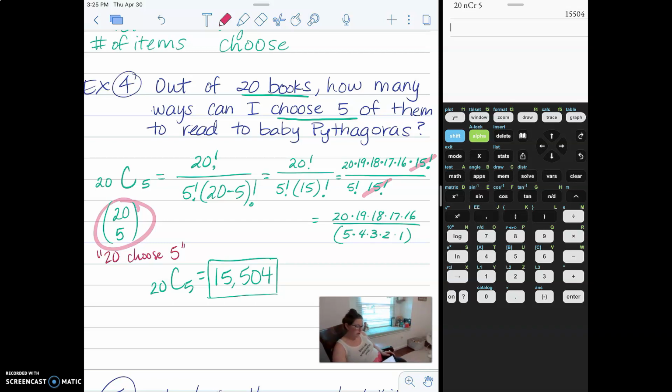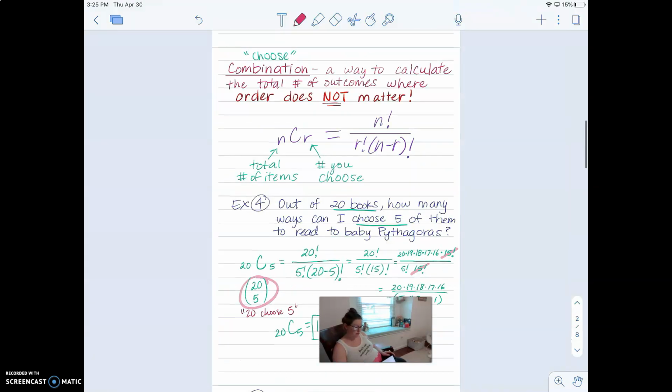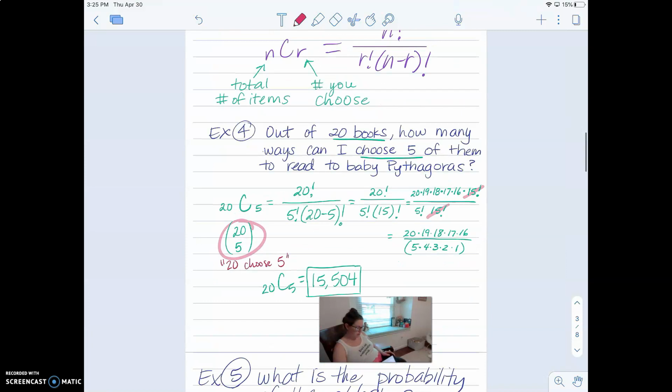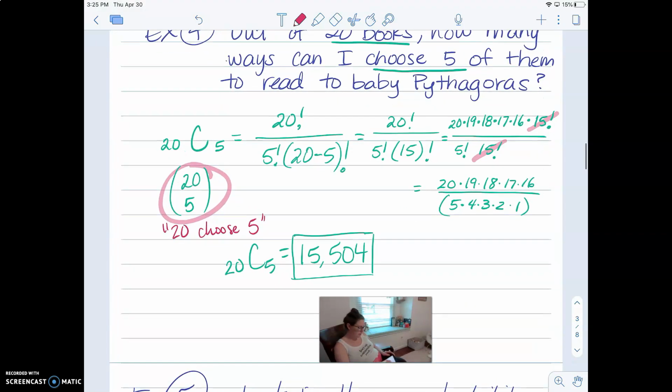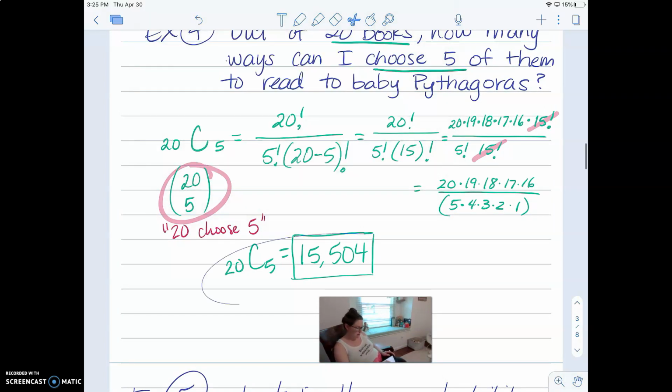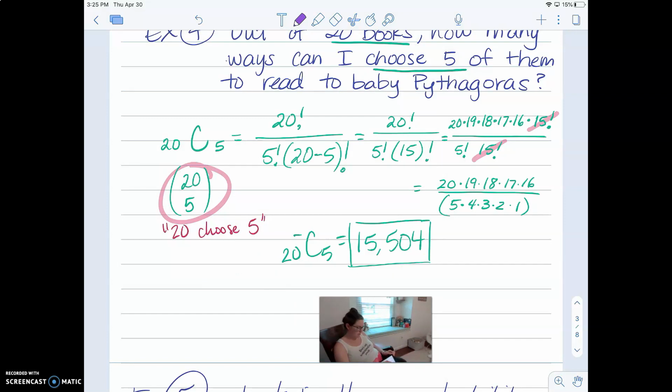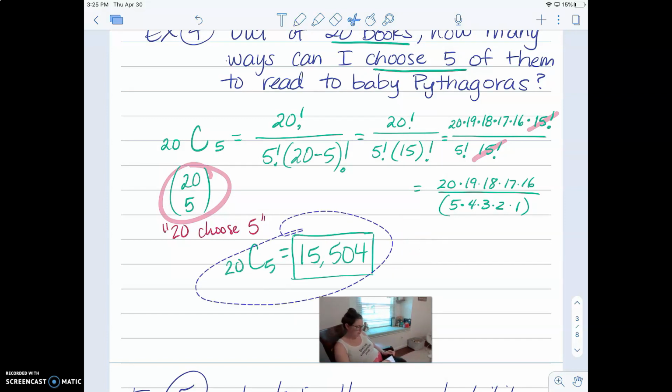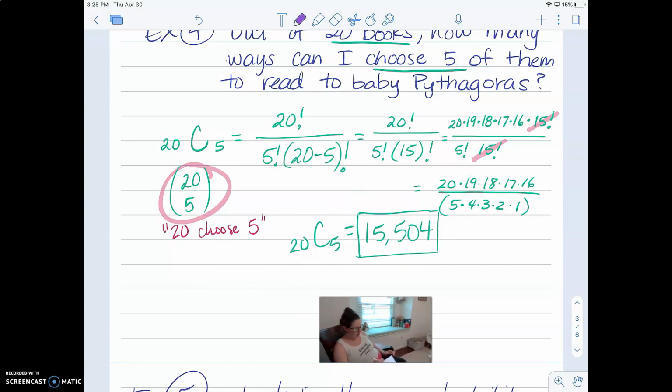Okay, so here's what you need to remember with combinations and permutations. I'm going to summarize a little bit. I'll write it right here before we go on to the next video. You need to remember that for permutations, the order matters.